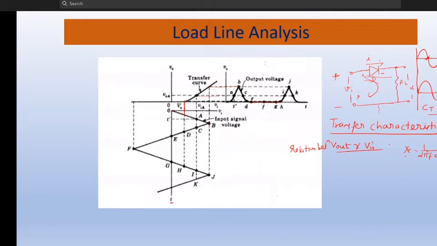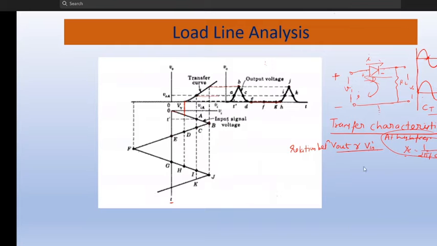Are you following or not? I'm talking about high frequencies. You can try it in Multisim and check what kind of response you get at very high frequency.